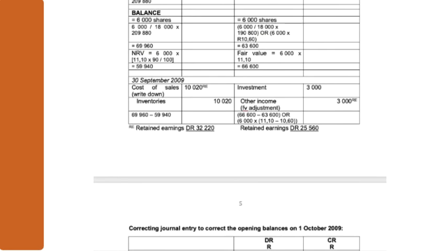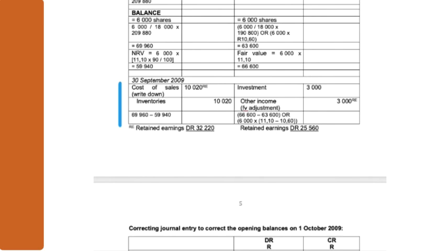If you go further down the timeline, you get to the reporting date. Now, what was done? What was done is that the entity calculated the net realizable value. They had a look at what these shares would be sold for, net amount, so after brokerage fee. And they actually had a write-down of the inventories to NRV. So inventories were credited, cost of sales were debited because that is the line item we include a write-down to NRV in.